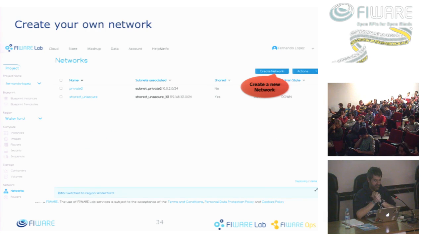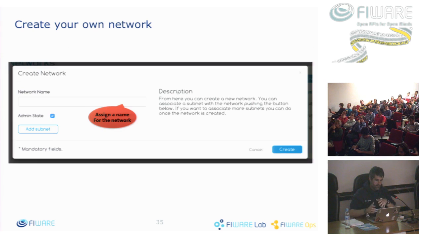Well, the process is like you see here. You go to the network part, and you click on create a network in order to introduce the data. The first thing is to put the name of your network, something like demo-network, or network demo, whatever you want.